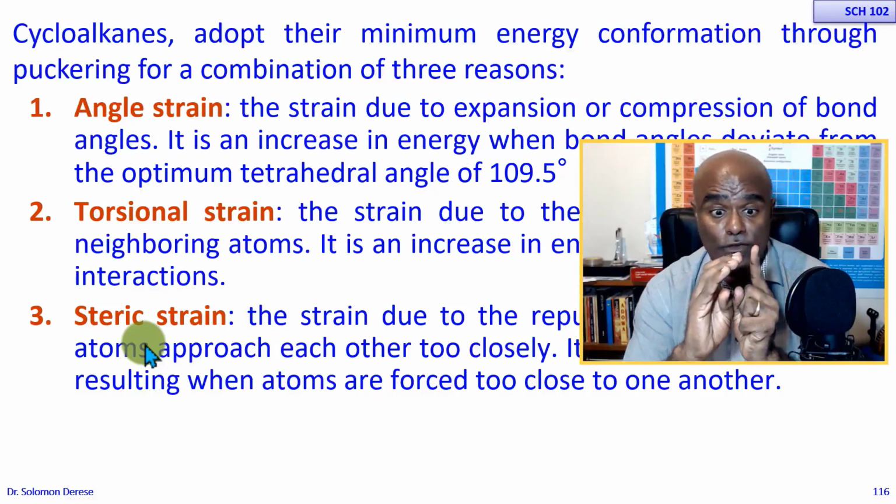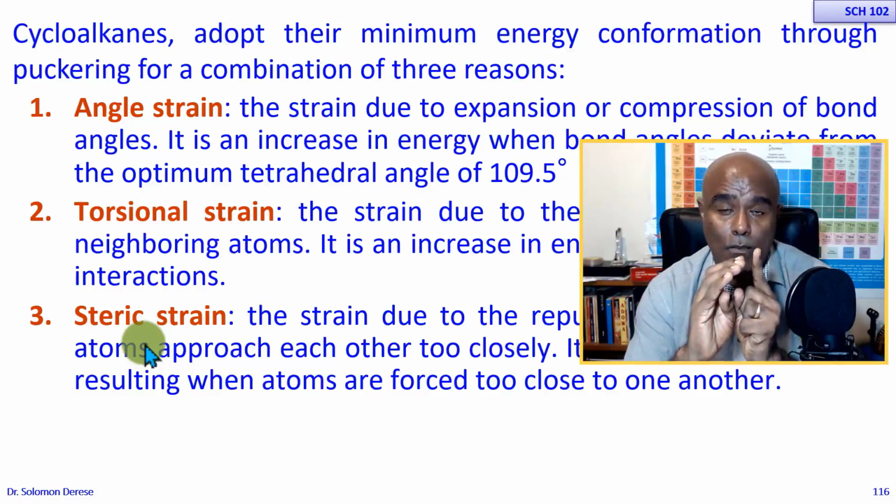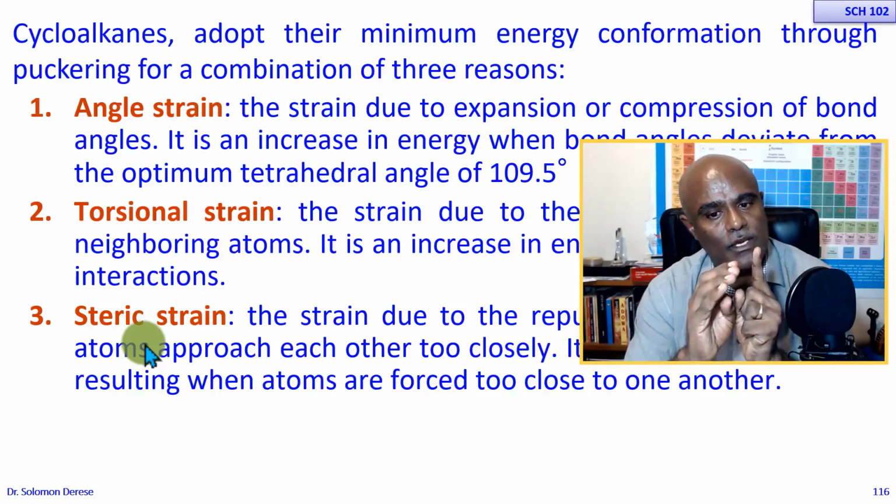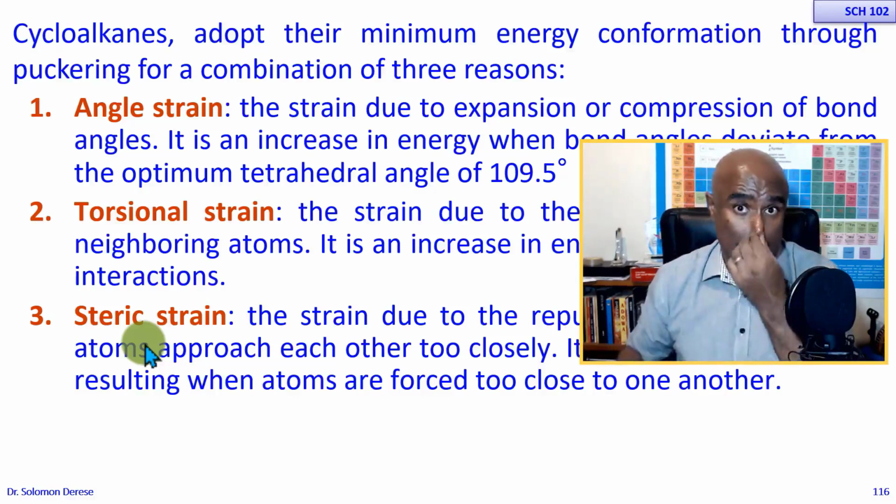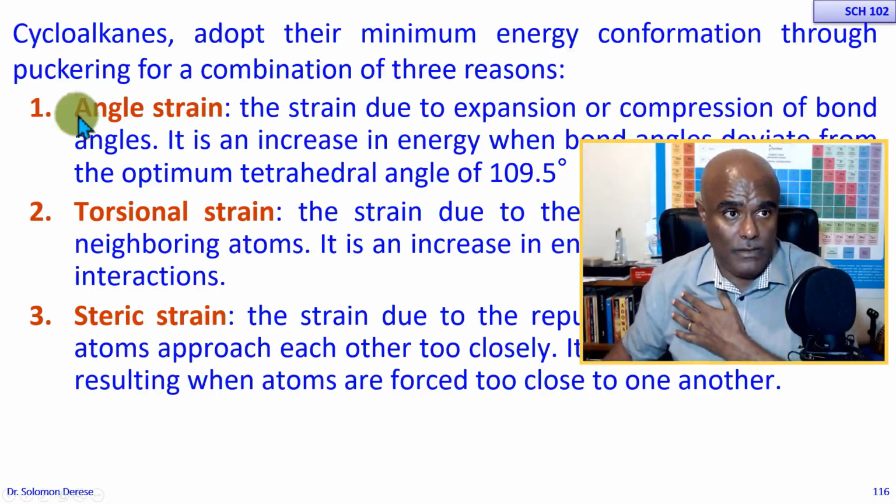Then as a result of that, there is going to be a strain that arises as a result of the proximity of the electrons of the two bonds on the neighboring carbon atoms. There is going to be a lot of strain. In order to avoid this strain, it will be rotating so that this steric strain is removed or minimized.